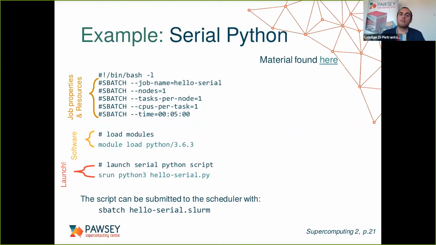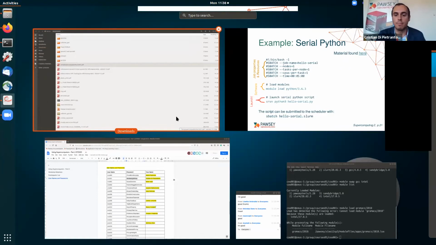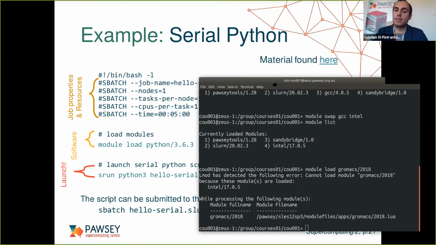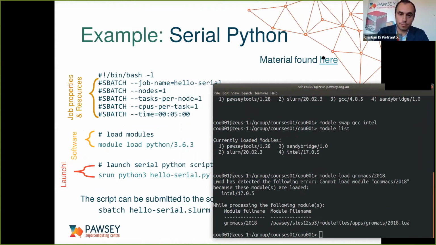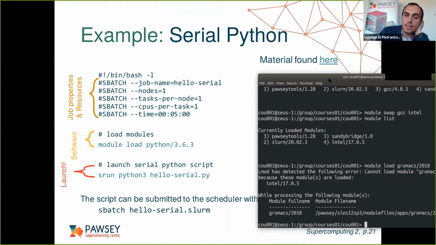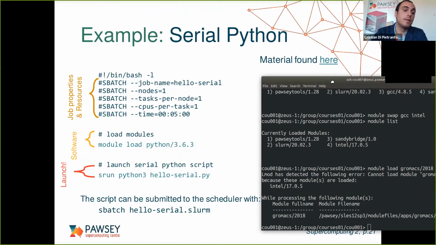Let's start with one example here. The example shows a serial job, a serial script in Python that will essentially print a hello world string. What we see here is a batch script or a job script.